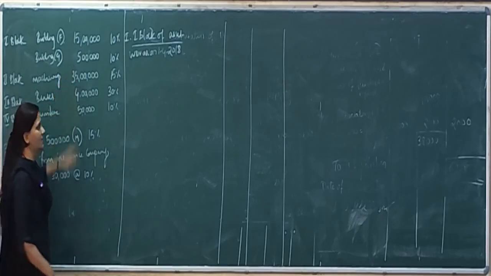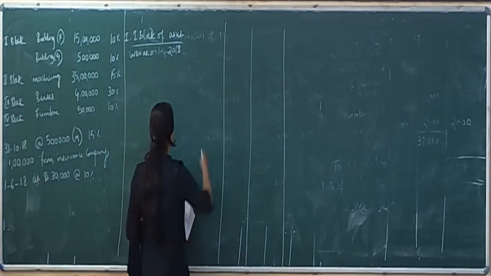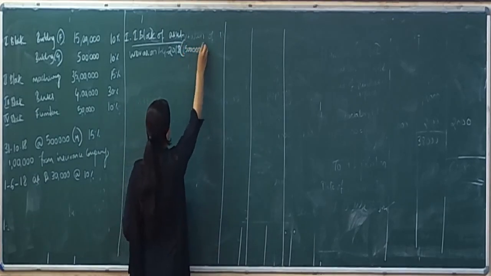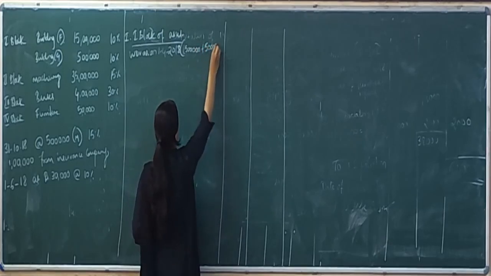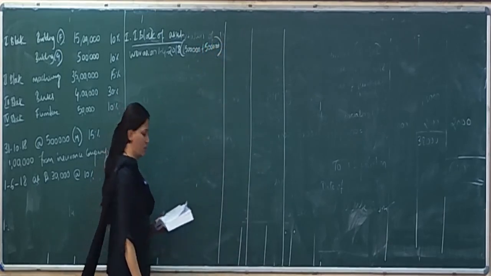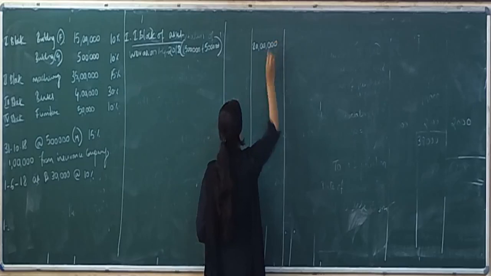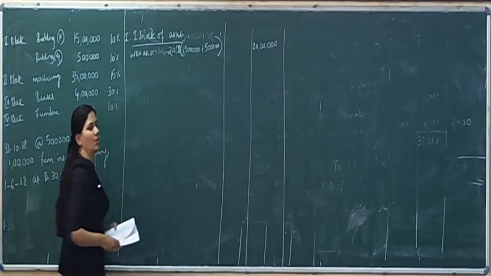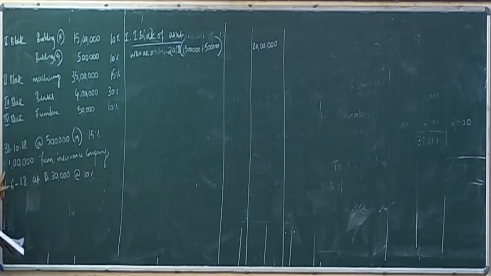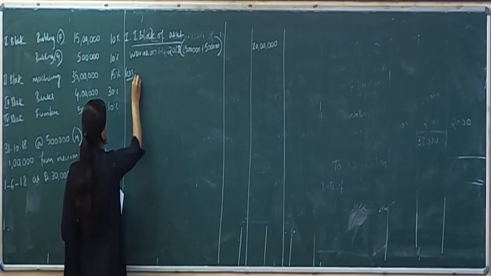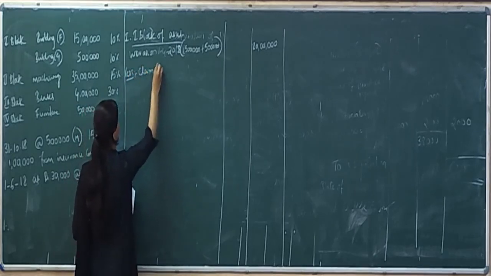So now here we can see 1,50,000 plus 5 lakhs both being building. So we can add it and take it as 20 lakhs. Okay, so now here the total amount comes to 20 lakhs. On this building, there was a claim from the insurance company of rupees 1 lakh. Okay, even that has to be deducted.